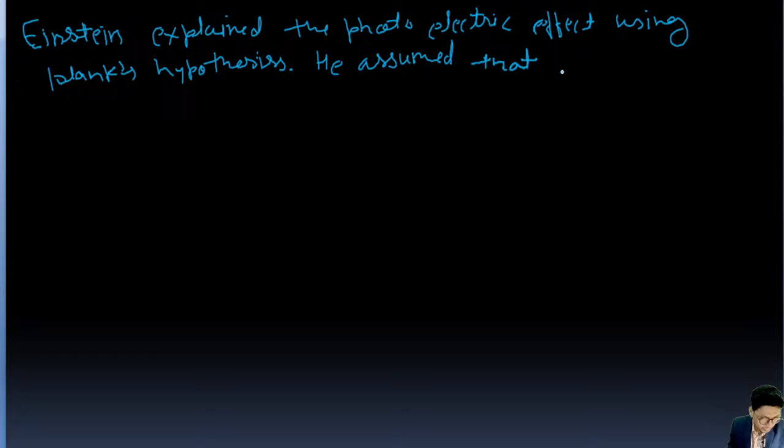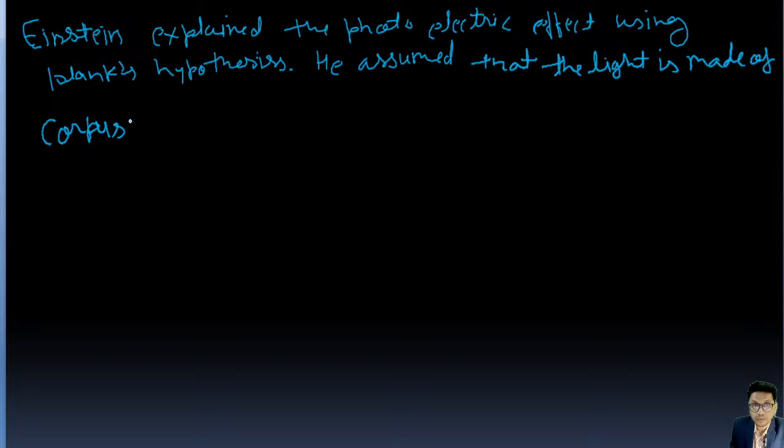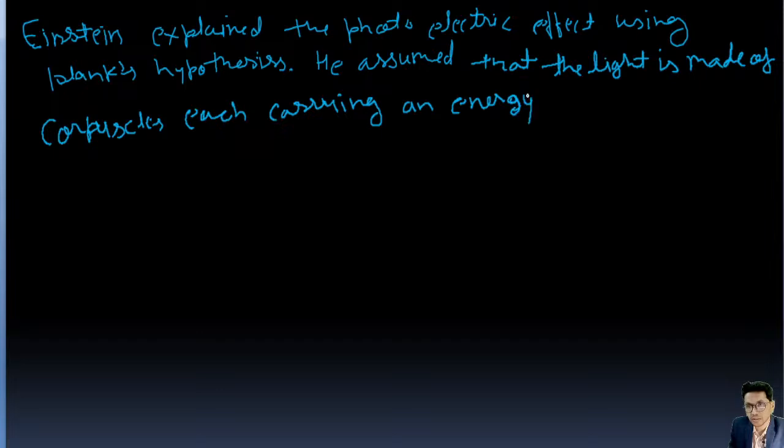The light is made of corpuscles, each carrying an energy h nu, called a photon.